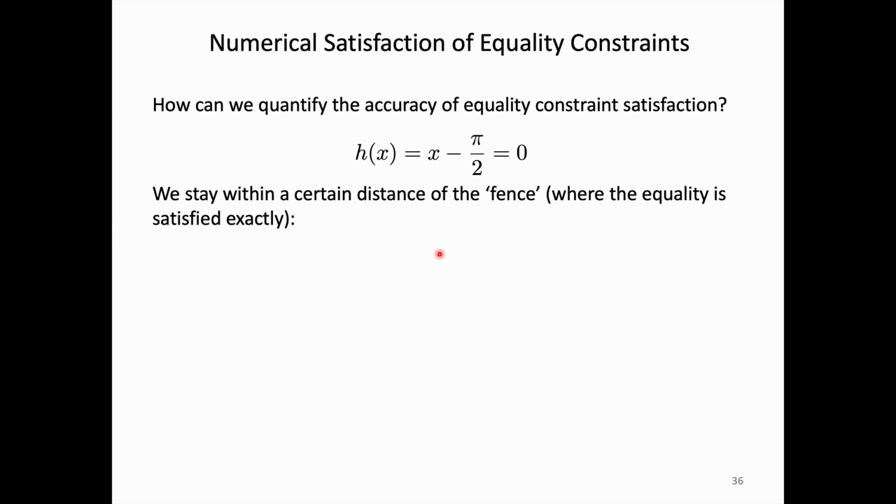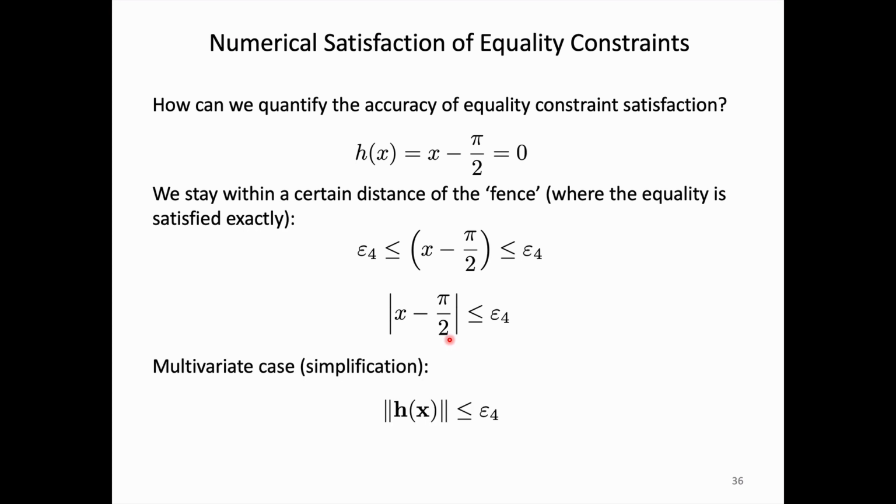And the fence is where the equality constraint is satisfied exactly. And if we specify a tolerance here, epsilon 4, then if we have a value x, we want to make sure that it is within a distance, epsilon 4, of pi over 2. We can also represent that here using the absolute value sign instead.